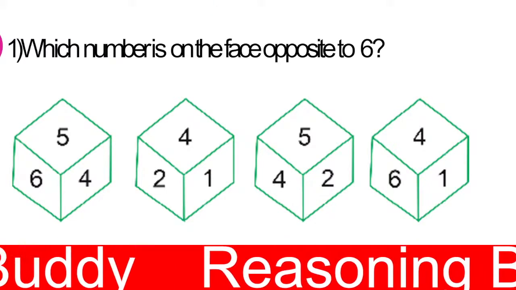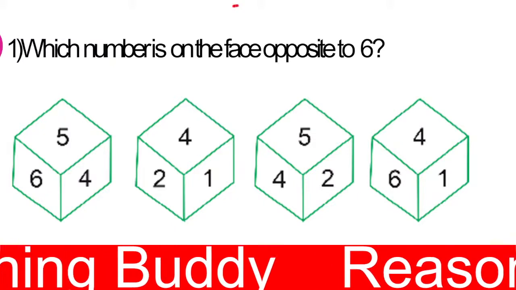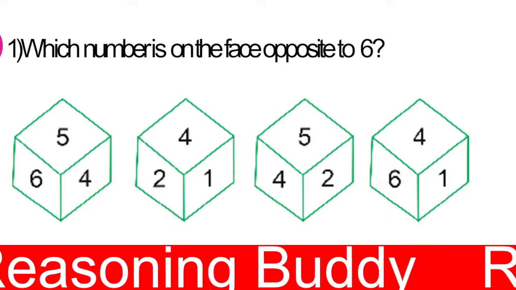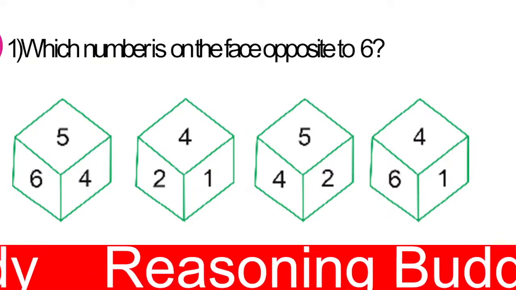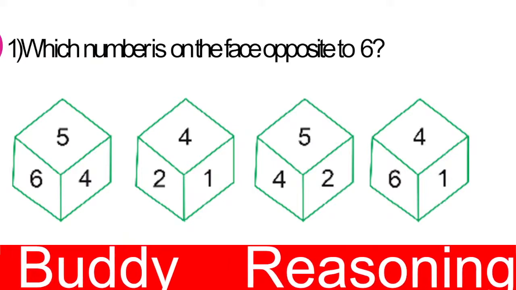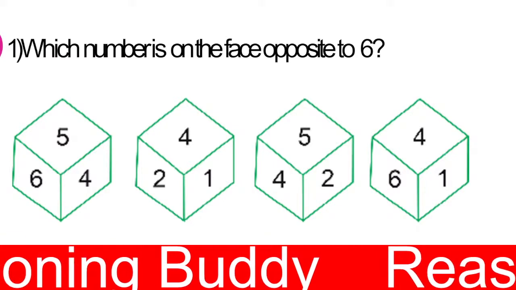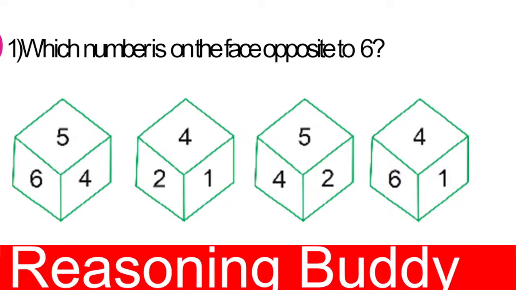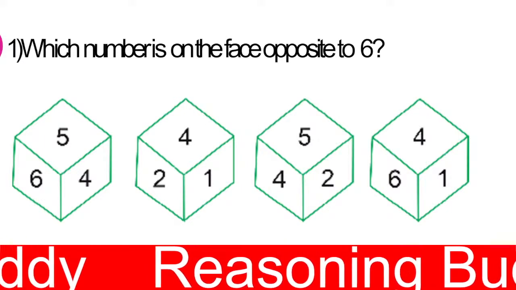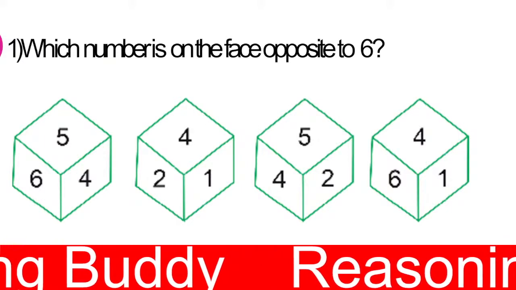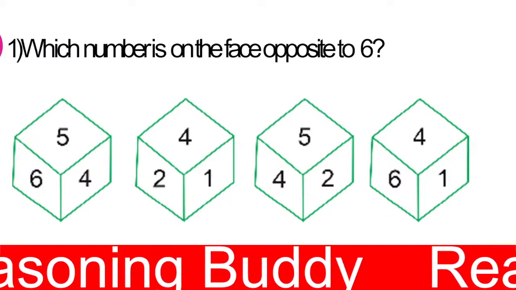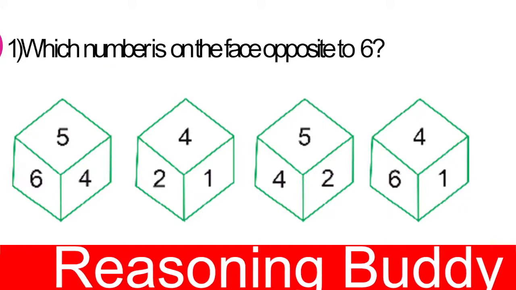Just a second, something went wrong. Why is it not working? So you do this sum while I figure out the problem, why the annotate option is not coming. Just a second.